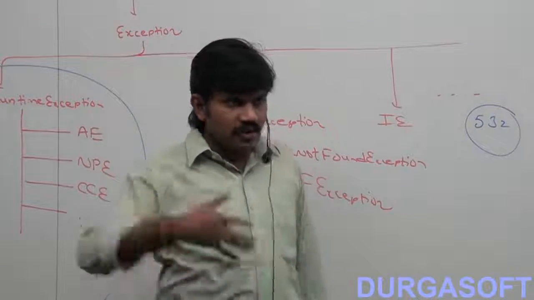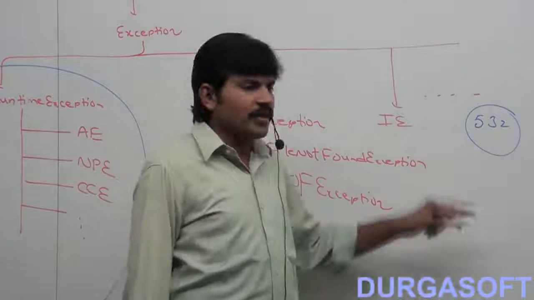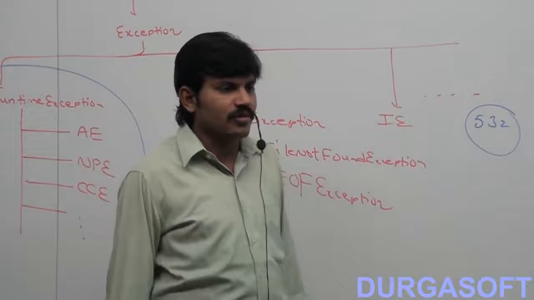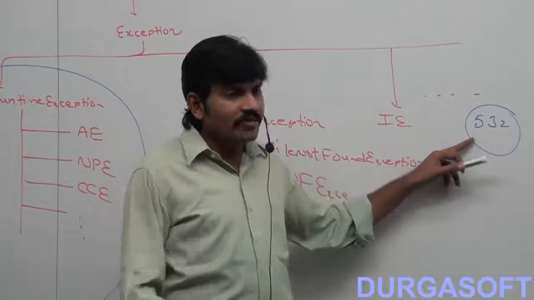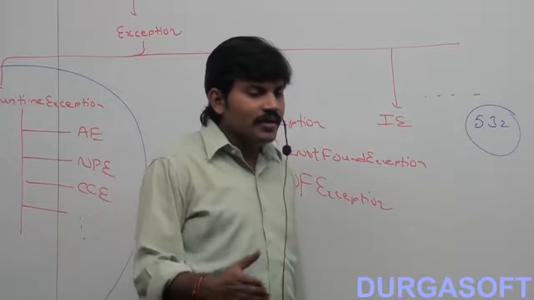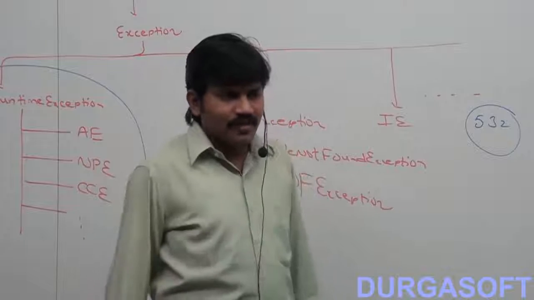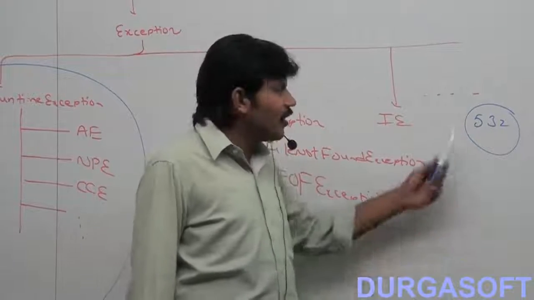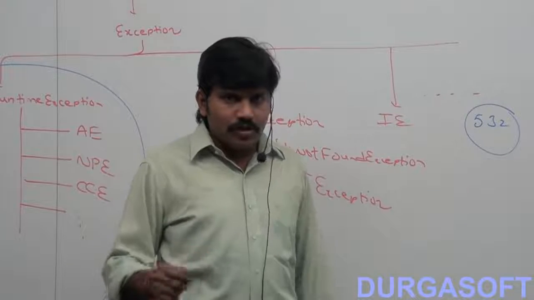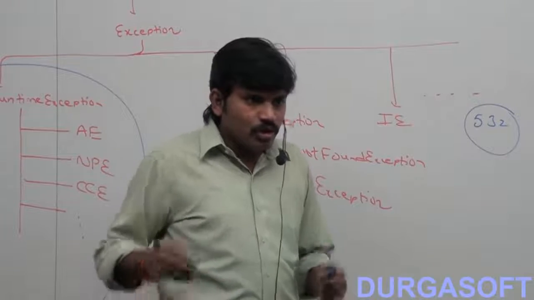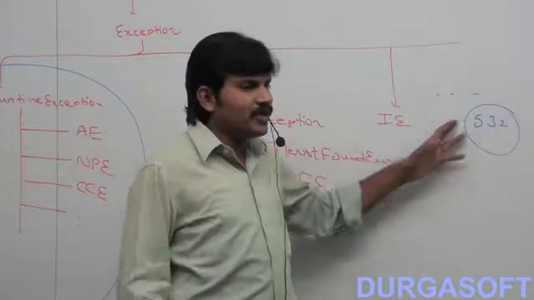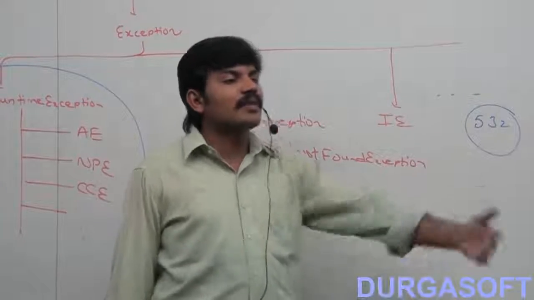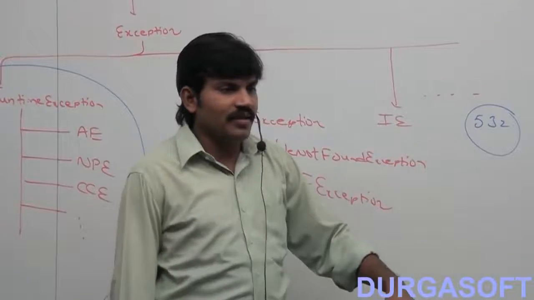Then you said with a very innocent face, I gave 532 invitation cards only. But by mistake, if a friend brings his friend also, or brings his wife also, how can you handle that? If you distribute 532 cards, don't expect exactly 532 members to come. There may be a chance of more than that. How can you handle it?